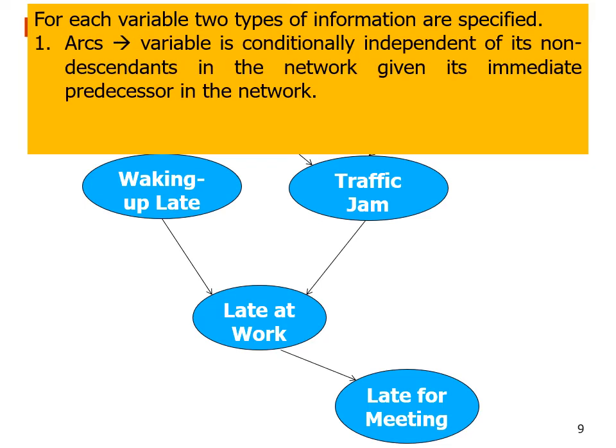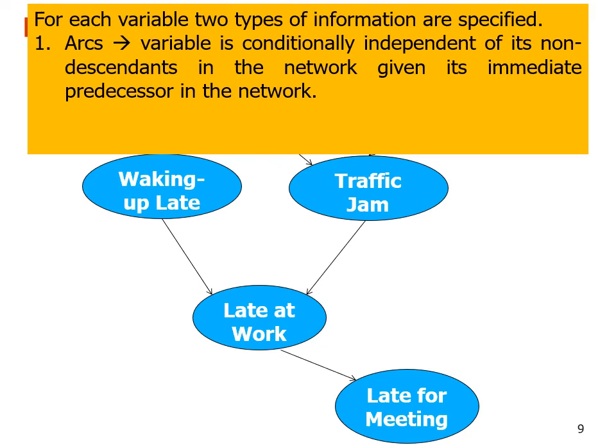First, the network arcs represent the assertion that the variable is conditionally independent of its non-descendants in the network given its immediate predecessor in the network. What do we mean by a descendant?